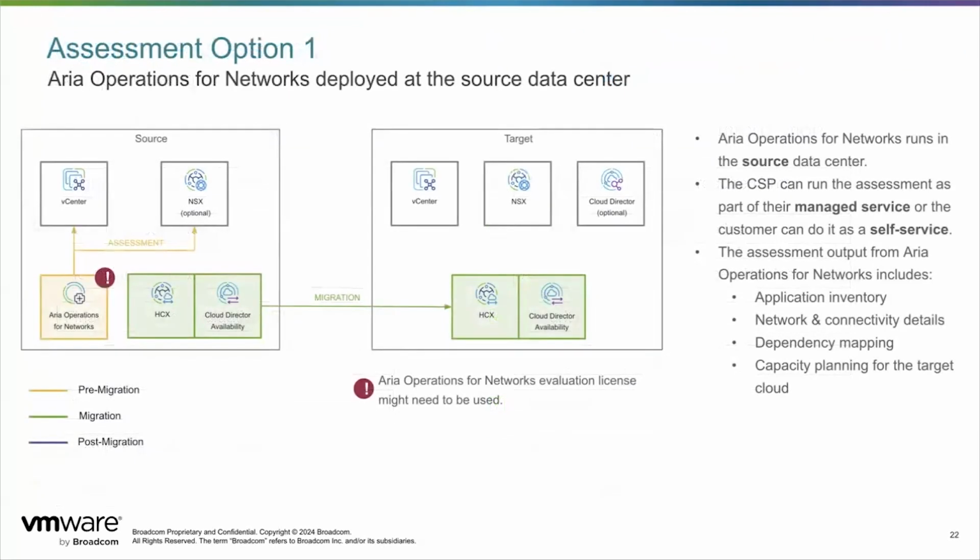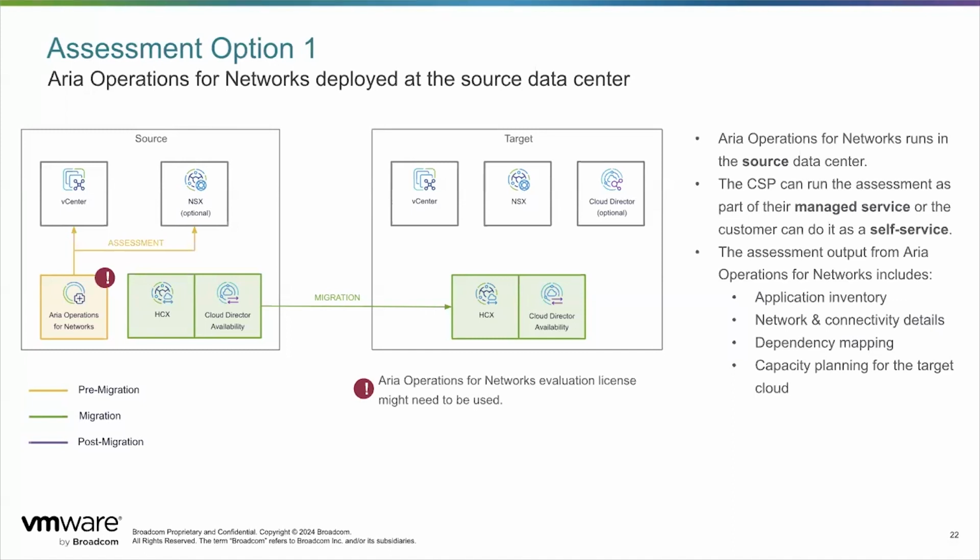Then just an example, very high level, of different scenarios for the assessment that are currently possible with ARIA Operations for Networks. First is deploying ARIA Operations for Networks in the source data center.